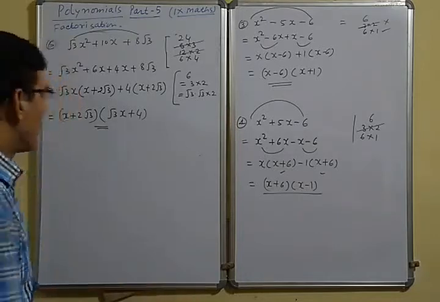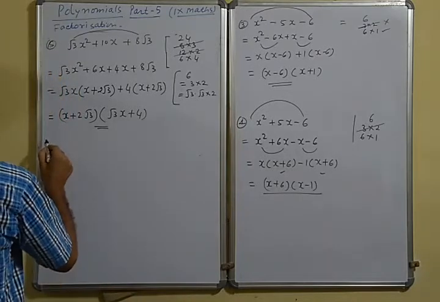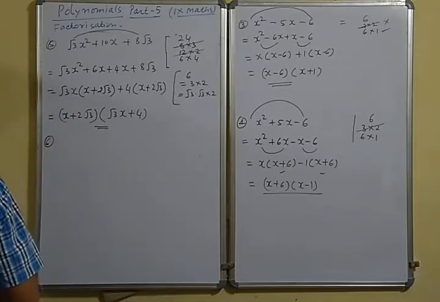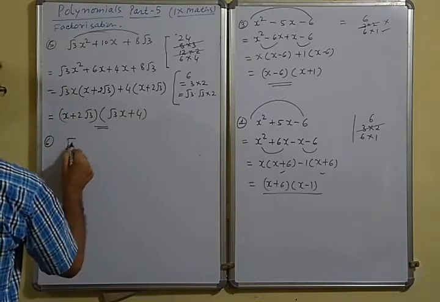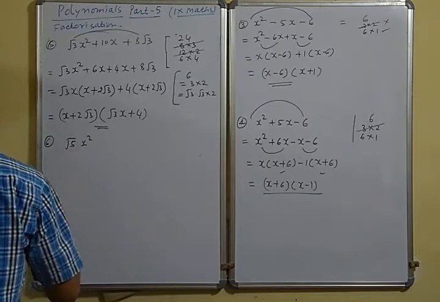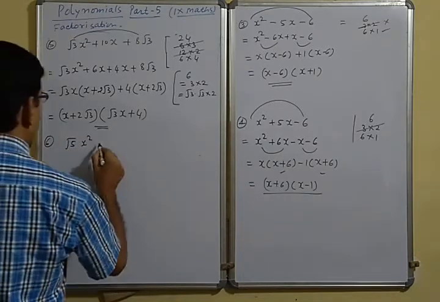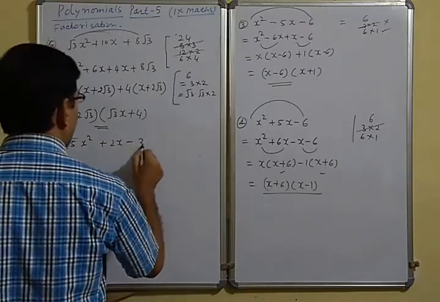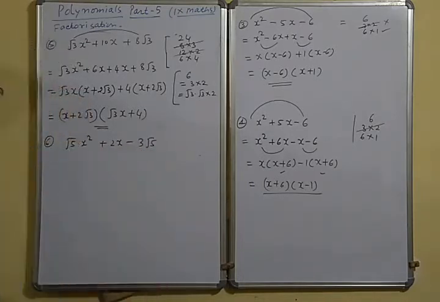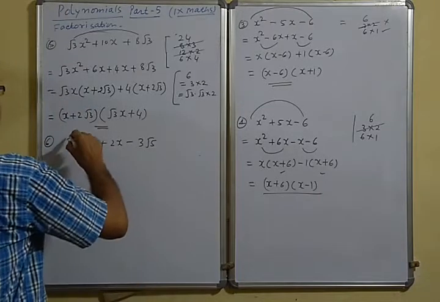Now take one more example, example number 6. Factorize root 5x square plus 2x minus 3 root 5. Now you have to factorize it. So multiply a and c.